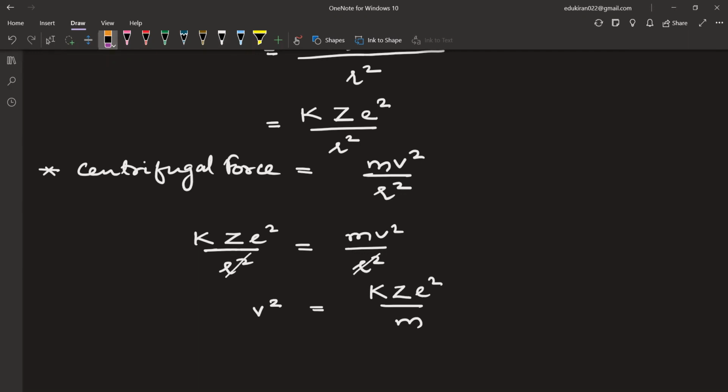It will be mv square upon r, not r square. This will be equal to K Z E square upon r square. So r will be left, and v square will be equal to K Z E square upon m r. Just make a correction here.